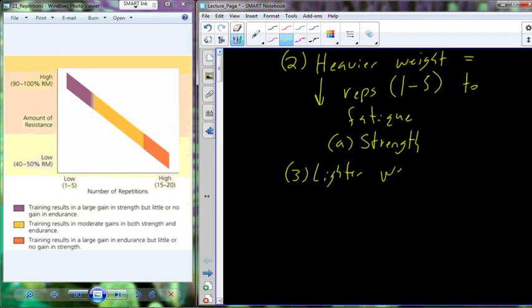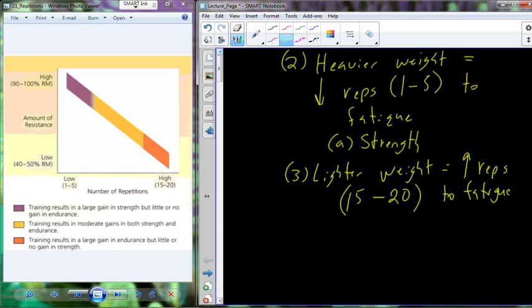Lighter workloads, lighter resistance, lighter weight is going to be a much higher number of reps, between 15 and 20 repetitions to reach fatigue. And this would be the program to build endurance.